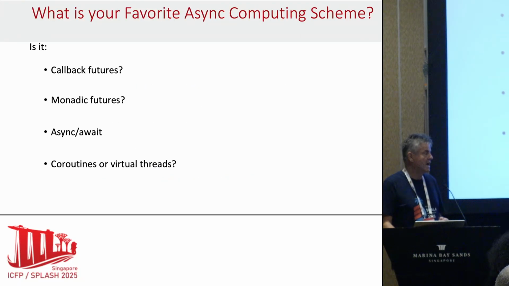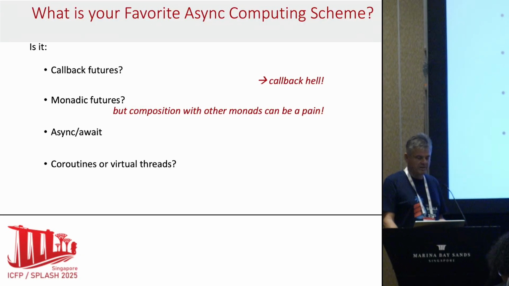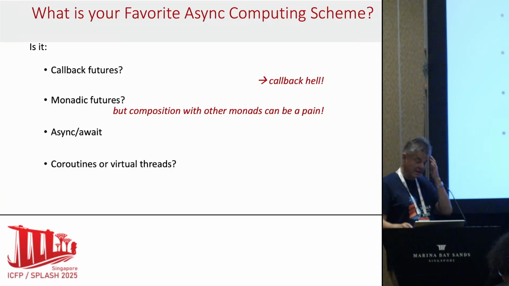What about async, concurrency, reactive programming? Should we have callback futures? Well, that gives you callback hell, we know that. Monadic futures, like we have in Scala, are better, but again, composition with other monads can be a pain. If you want to have a list of futures of an Either, then if you want to mix these things up, it gets very complicated very quickly.